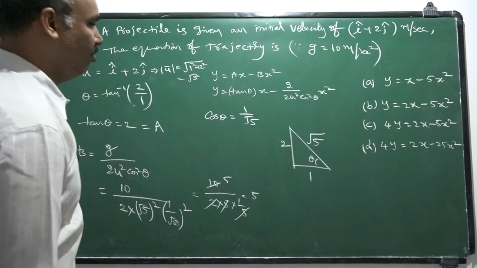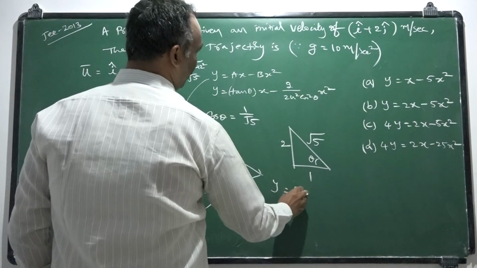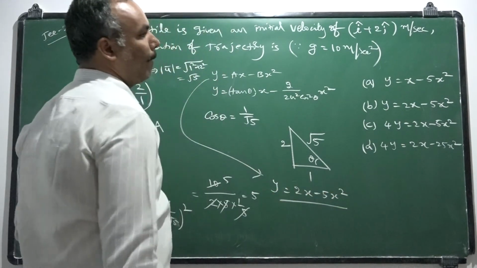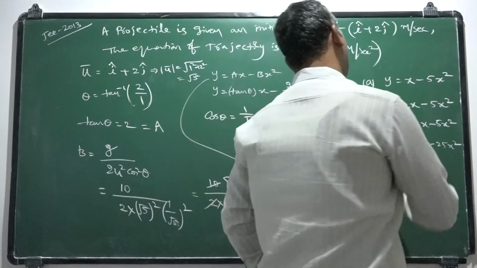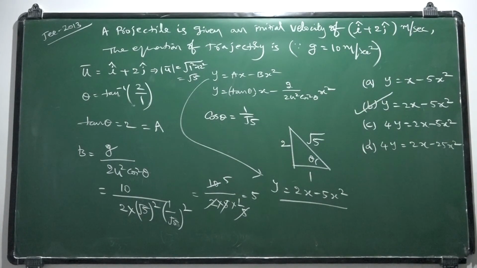B value is 5. Then finally y value is given by 2x minus 5x square. Very simple solution for the given question.